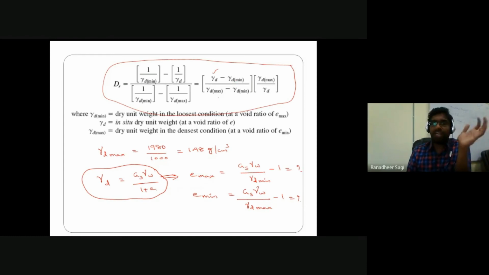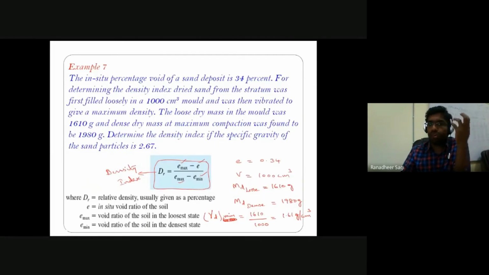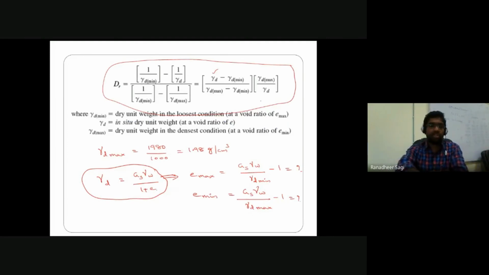Gamma D maximum we have already calculated. Now if I want to calculate gamma D, I can write it from the expression GS into gamma W by 1 plus e, and the in situ void ratio of the soil is already given in the problem, that is 0.34. So for that in situ void ratio of 0.34, I can get the dry density, the dry unit weight of the soil in situ. And accordingly, I can use the second expression to solve your problem.